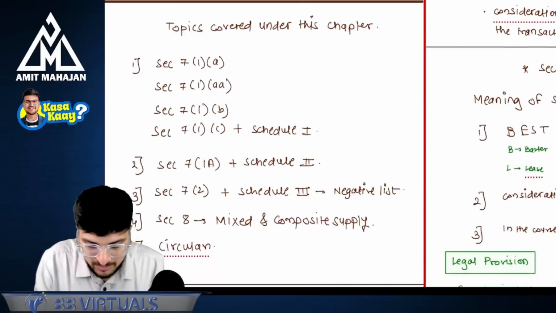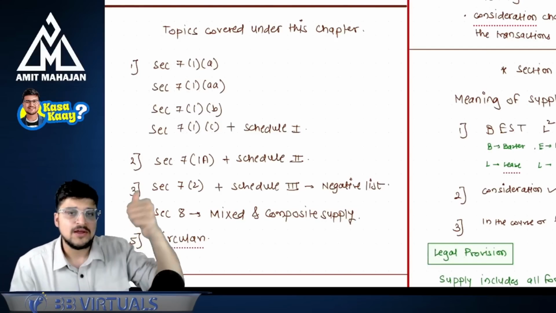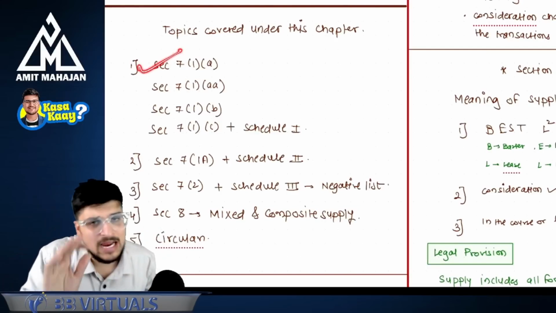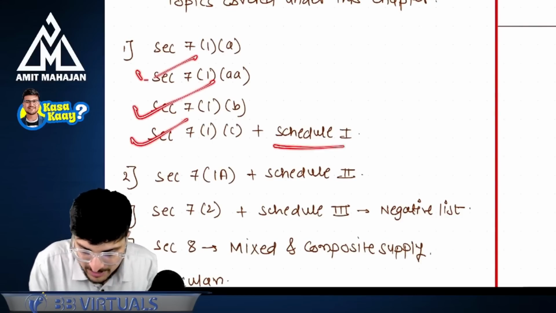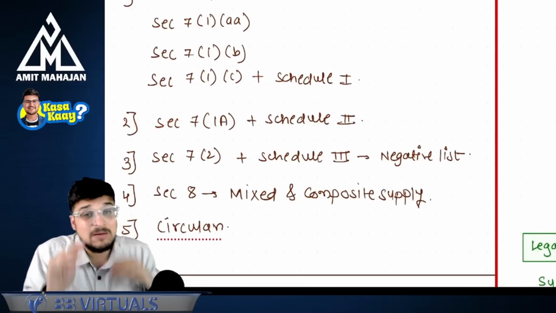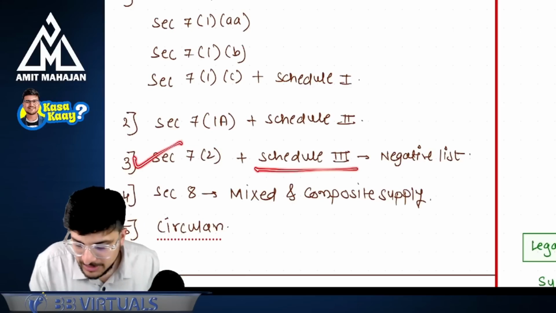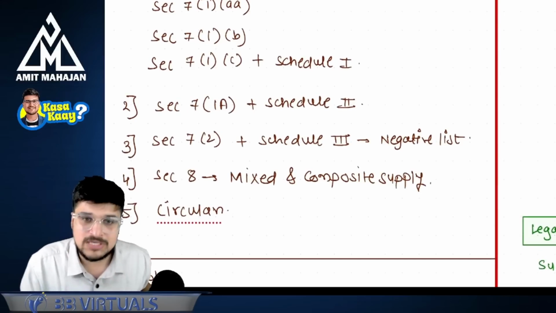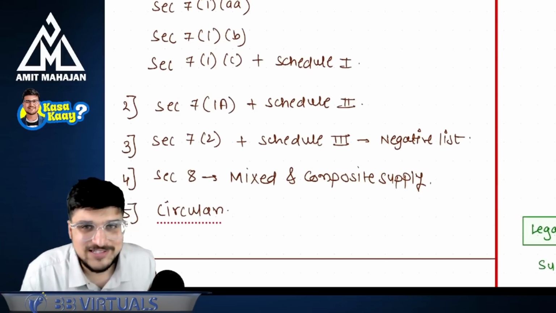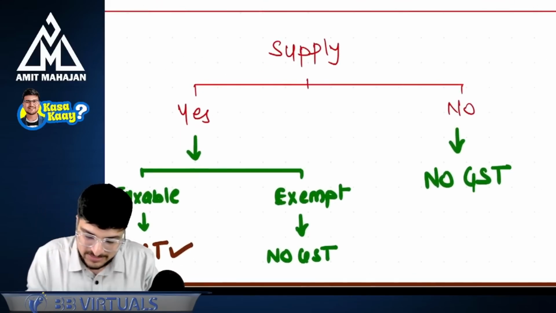These are the topics you need to do in this chapter: 7.1a, 7.1b, 7.1c, read with schedule 1, 7.1(1)(A), read with schedule 2, 7.2, read with schedule 3, which is the negative list. Section number 8, that is mixed supply and composite supply, and a lot of circulars. Okay, fine. So let's start with the session and the main chapter.